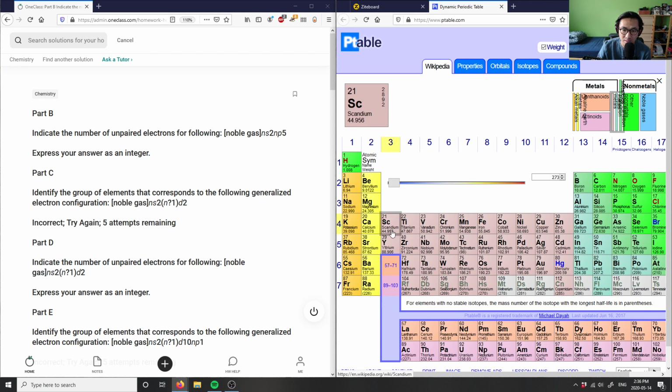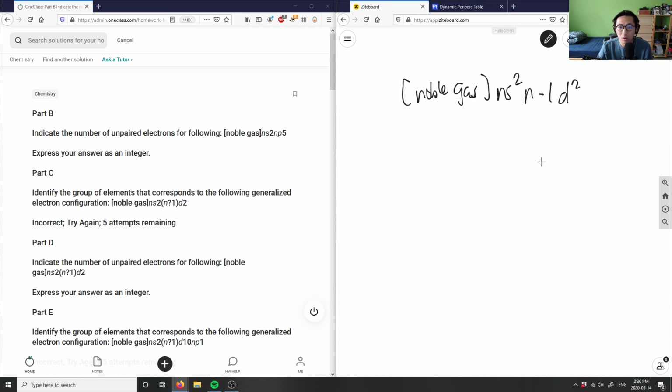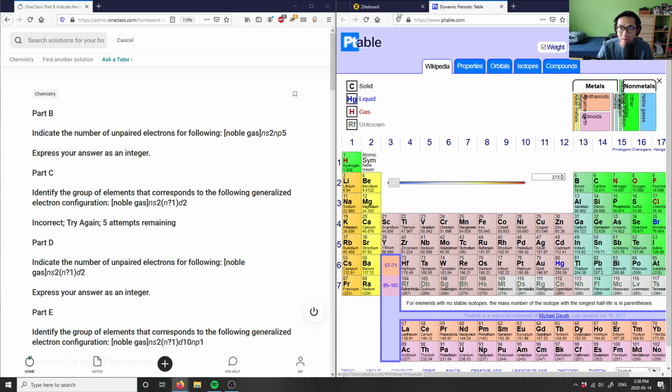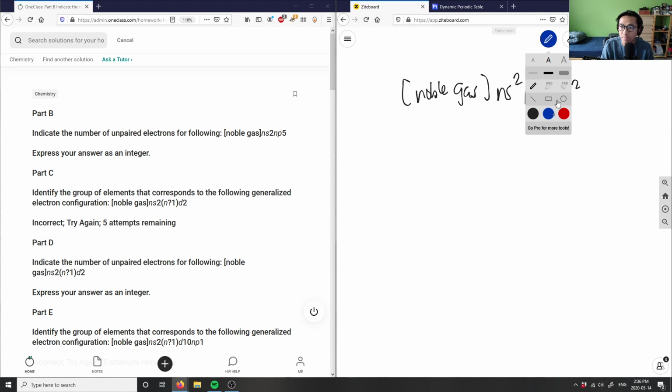So it's either titanium or zirconium in this case, and it really depends on what integer this n is. If n equals 4, then I have 4s2, and this would be 3d2.